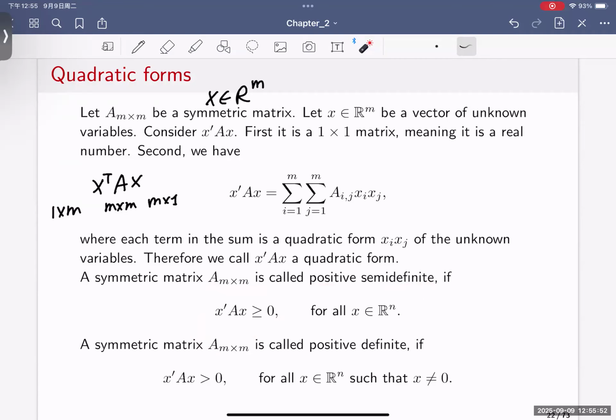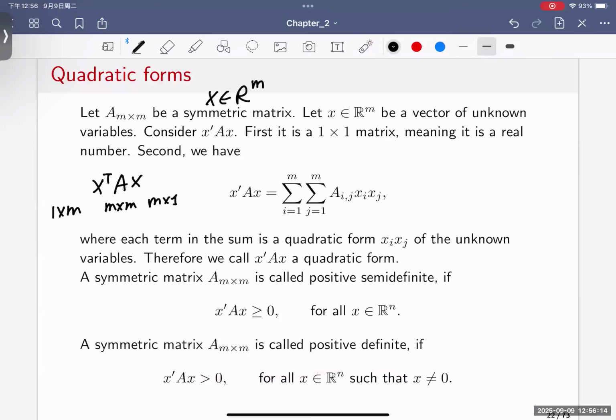If we change this from greater or equal to 0 to strictly larger than 0, for all vectors except the zero vector, we call A positive definite.